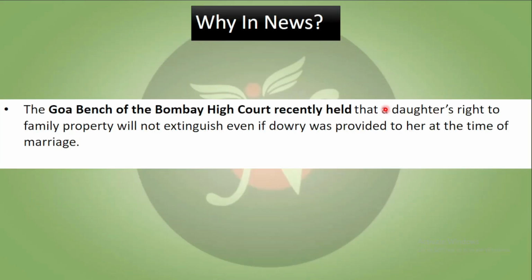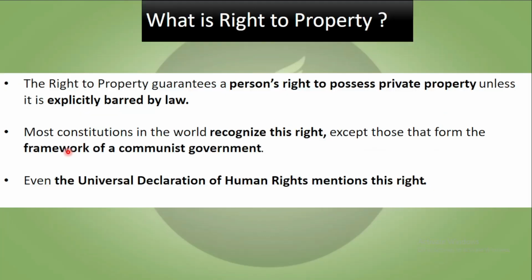The Goa bench of the Bombay High Court has recently held that the daughter's right to the family property will not extinguish, it will not end, even if dowry has been provided to her at the time of her marriage. Now let's study what the right to property is.